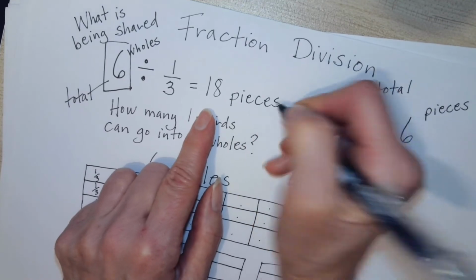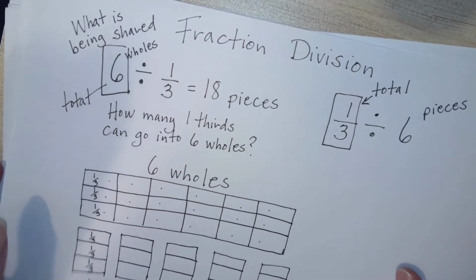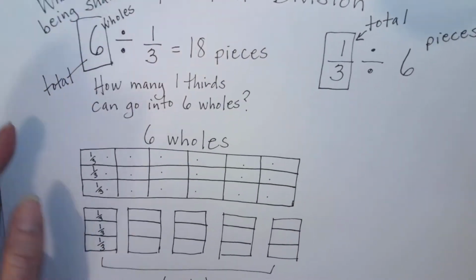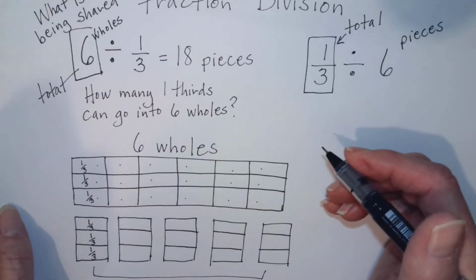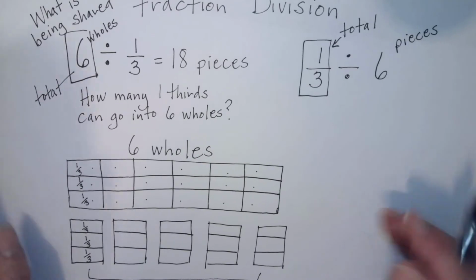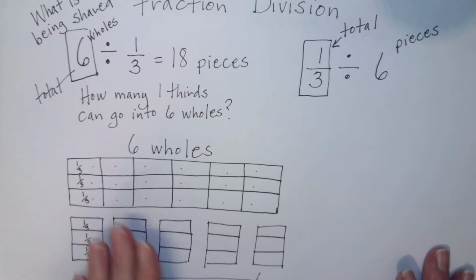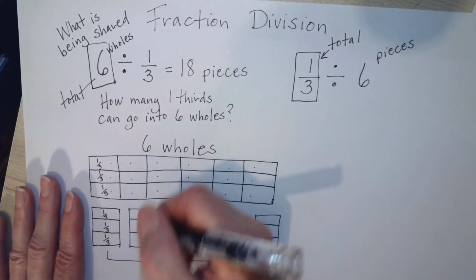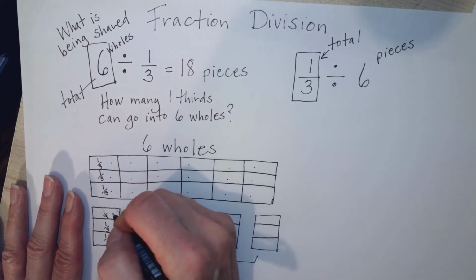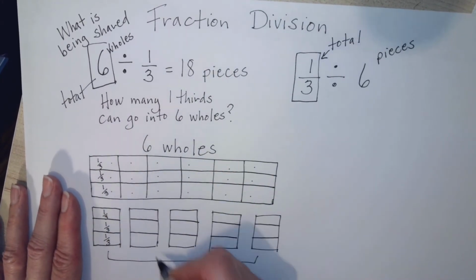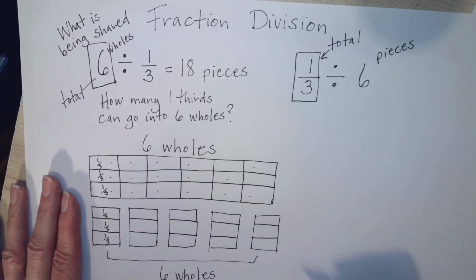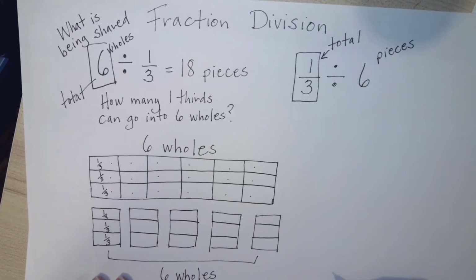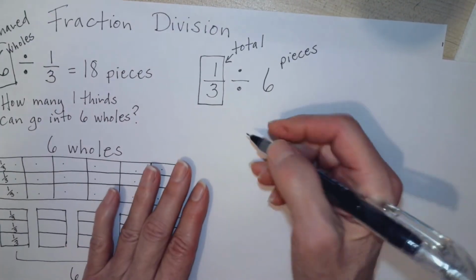When you're asked this, it's probably in some type of word problem, so it would make more sense there. We started with 6 wholes, we broke each one of them up into 3 pieces, and we were able to get 18 pieces because 3/3 makes one whole.